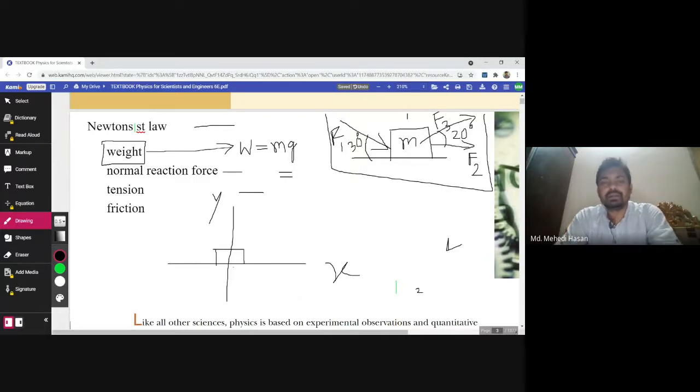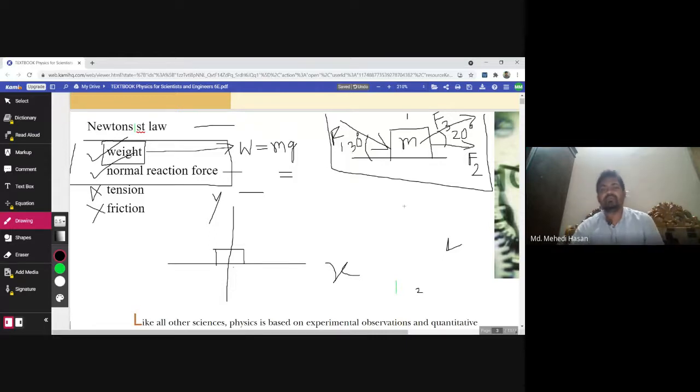So here among the four forces, weight, normal reaction force, tension and friction, so weight is always present, and since the object is in surface, then normal reaction force is also acting, but there is no tension because there is no string involved, and also there is no friction because the surface is frictionless. যদি কোশ্চেনে বলে ফ্রিকশনাল, দেন ফ্রিকশনটা আমাদের কনসিডার করতে হবে। তাহলে এই দুইটা ফোর্স অটোমেটিক্যালি আসতেছে, ওয়েট এন্ড নর্মাল রিঅ্যাকশন ফোর্স। Without these two force and the external forces are acting, which is F1, F2 and F3.